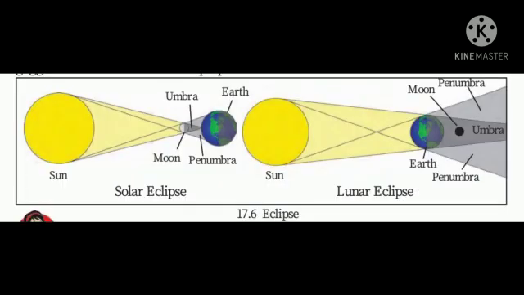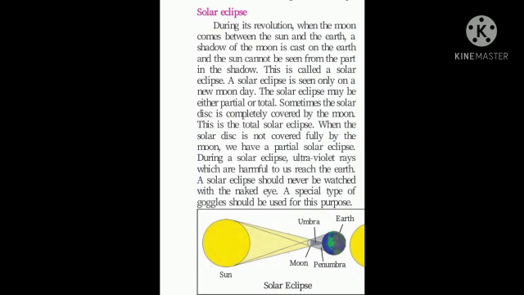In the first picture, solar eclipse is shown. The sun is an extended source of light which is extremely big in size. When the moon comes between the sun and the earth, the sunlight is obstructed by the moon.